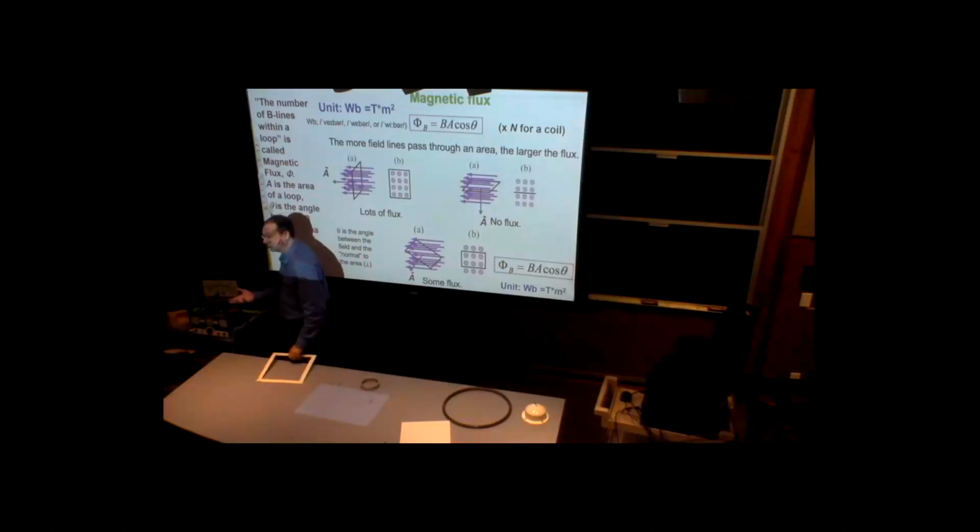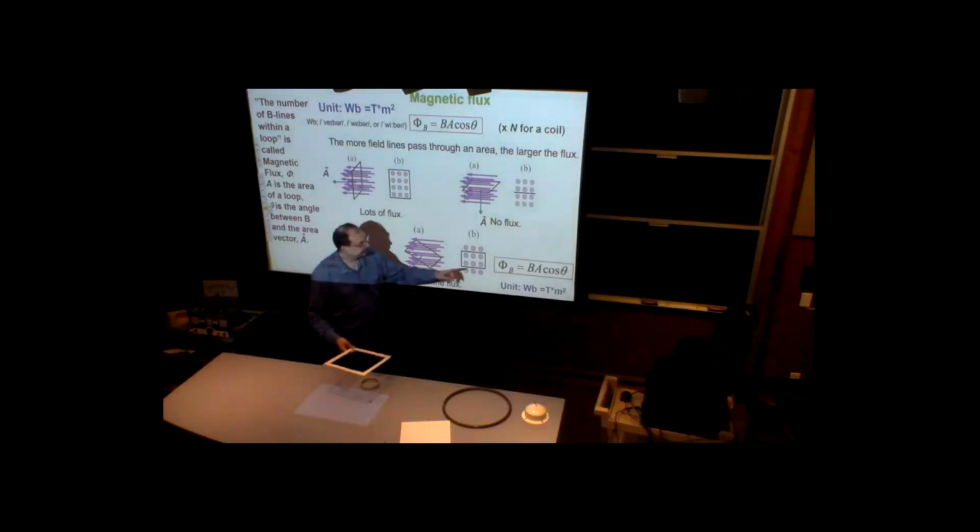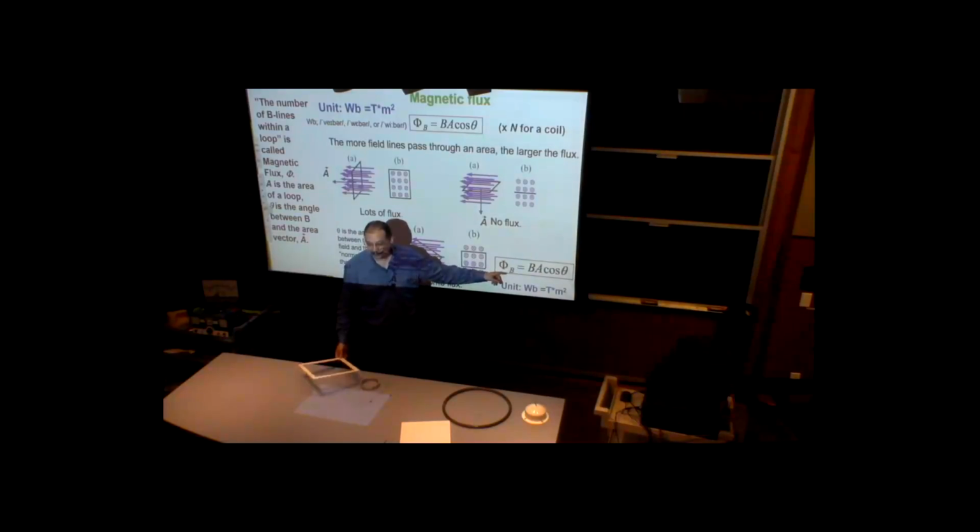The flux is usually a word representing something flowing through something. So magnetic flux. This is an efficient definition. That's the Greek letter phi. Magnetic flux. That's how in physics we count the number of magnetic field lines.